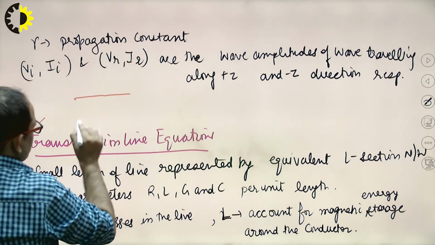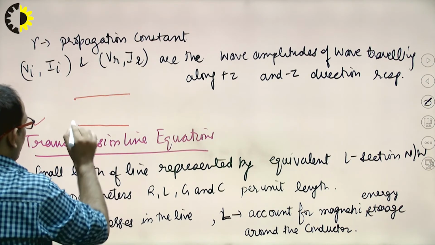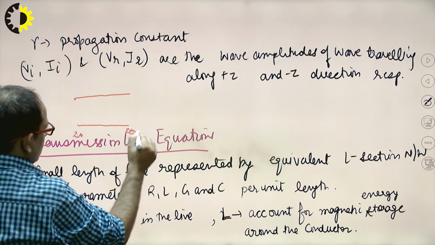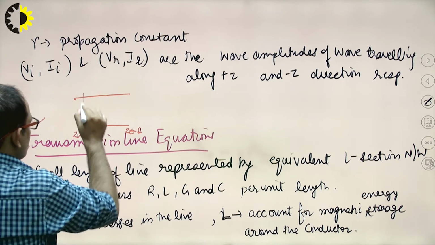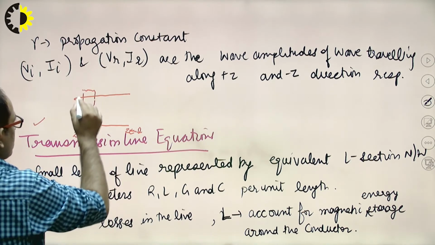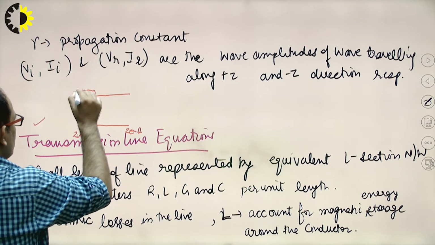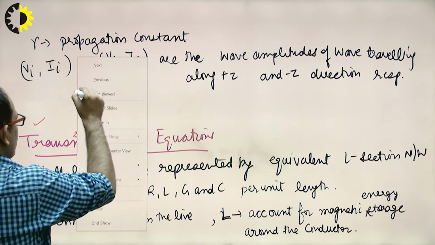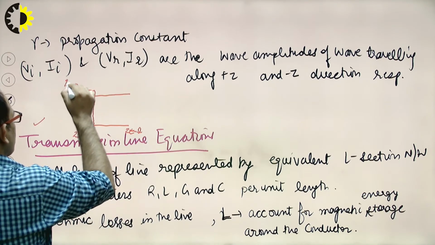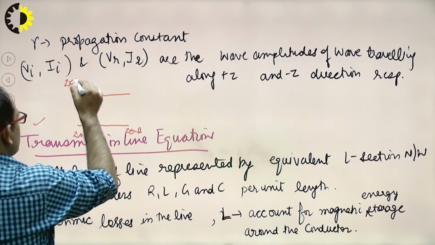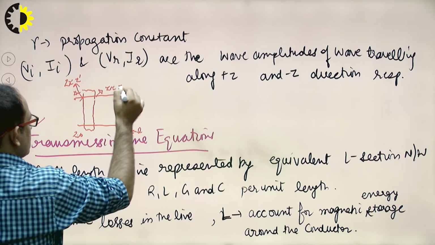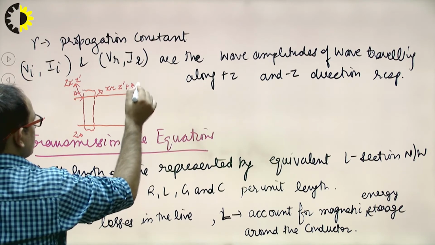Now if I say this one is a transmission line, this one is z equal to 0 and this one is z equal to L. A small portion of the transmission line, a small position, let's say this one is z equal to z dash, and then here z equal to z dash plus delta z.